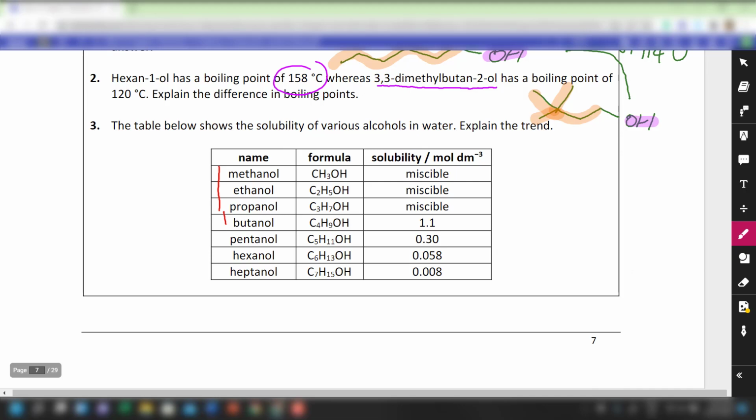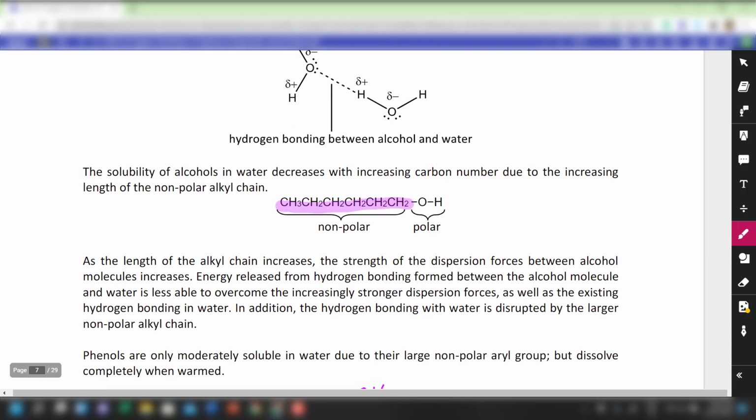So to explain the trend, I think the main focus is really what we mentioned over here.